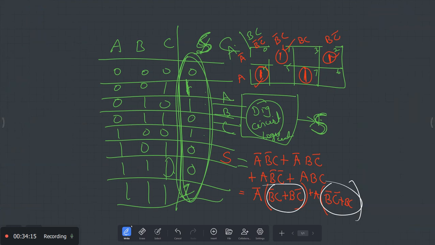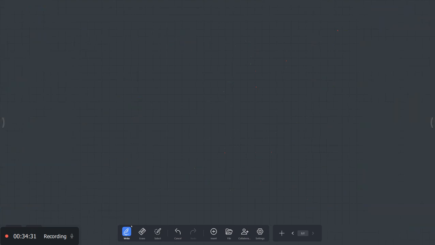I have understood this. See, I will rewrite this once again on the next page. Listen carefully. See, you will have A bar, okay? And what is this inside? I said B XOR C.